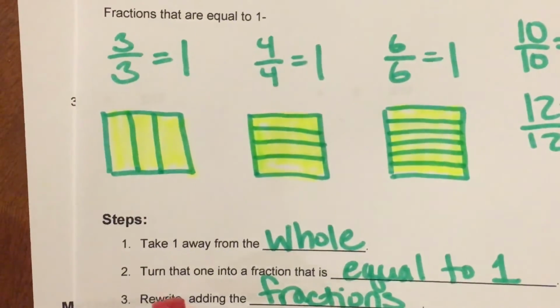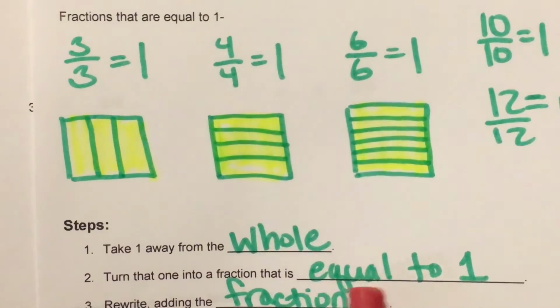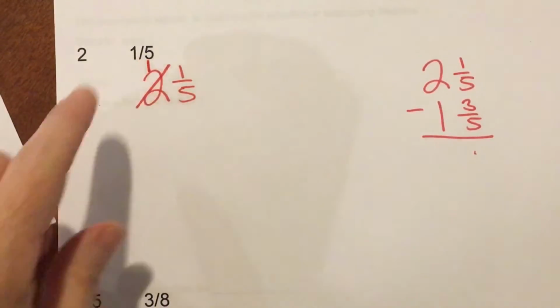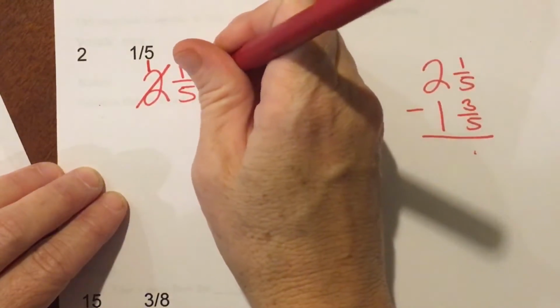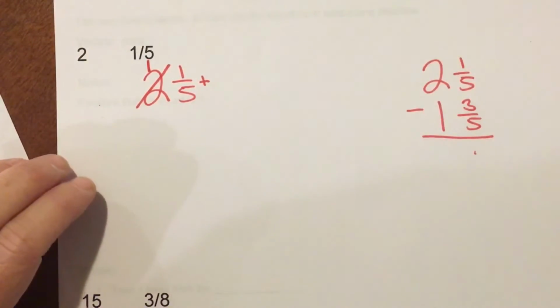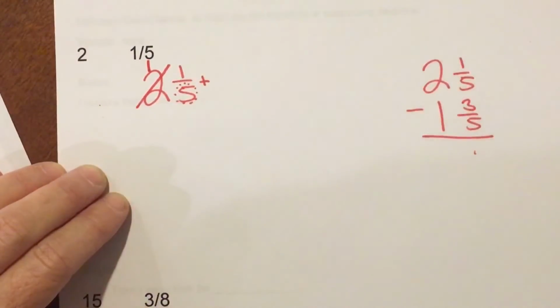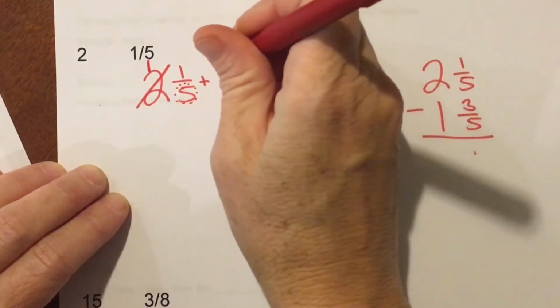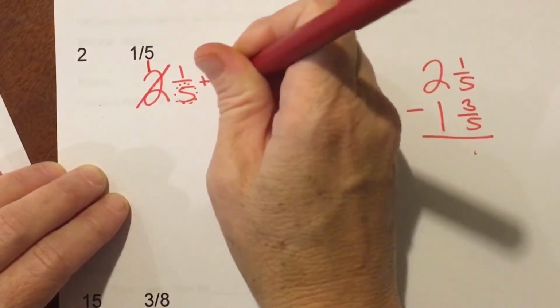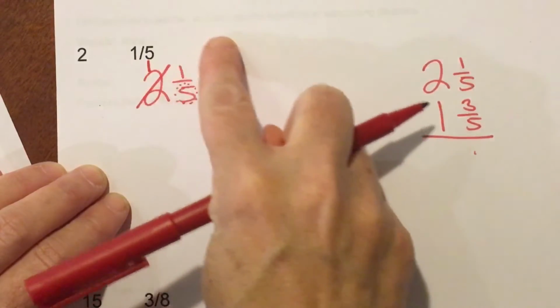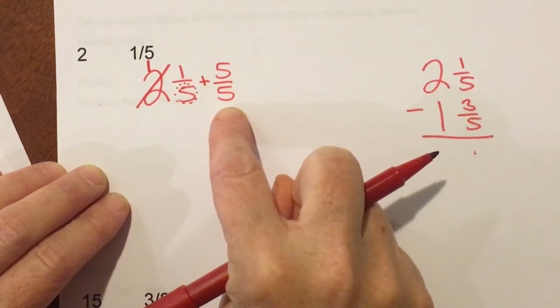Then turn the 1 into a fraction that's equal to 1. This 1 I just took away, I want to make it a fraction. I always want to use the denominator I'm using. Because this is fifths, I'm going to say 5/5, because the 1 I took away is worth 5/5.